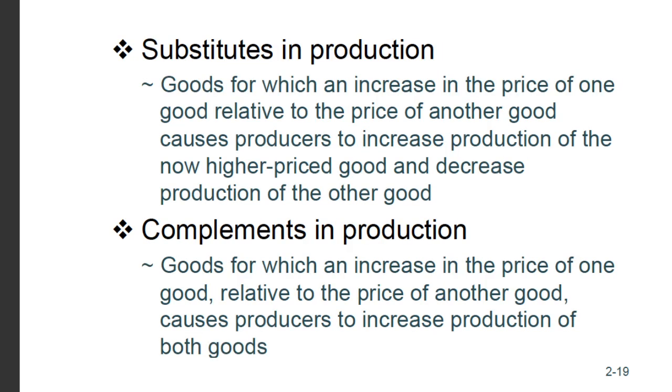So let's go through these. They are analogous to the demand function, but you could have substitutes in production. These are goods for which an increase in the price of one good relative to the price of another good causes producers to increase production of the now higher priced good and decrease the production of the other good.